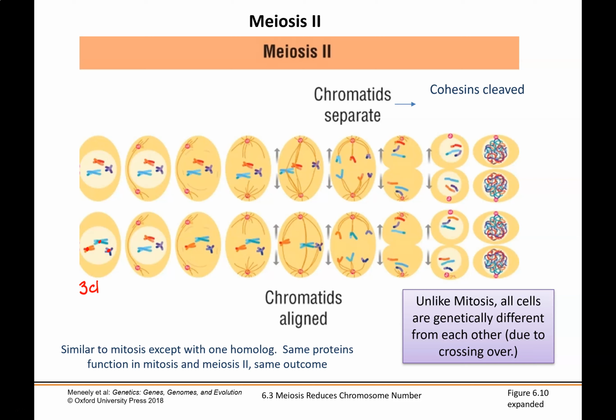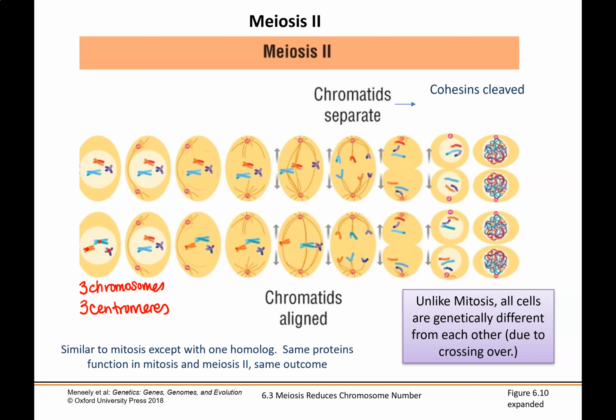We have 3 chromosomes. Now, I realize that we have 6 pieces of DNA because each of these chromosomes is made up of a sister chromatid, but we actually only have 3 chromosomes if we count the number of centromeres. So 3 chromosomes because we have 3 centromeres, because they are attached at the centromeres.